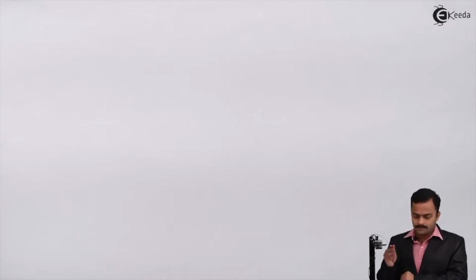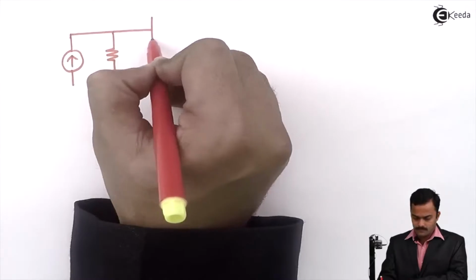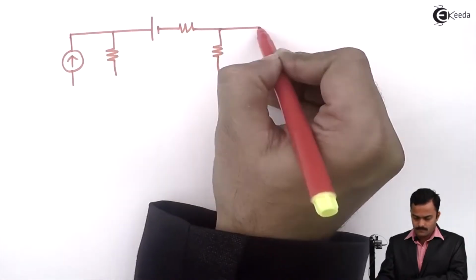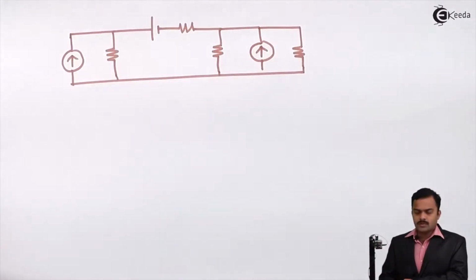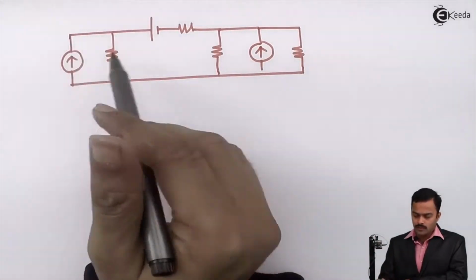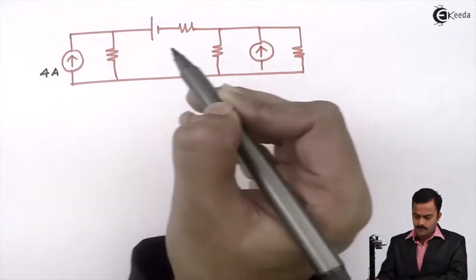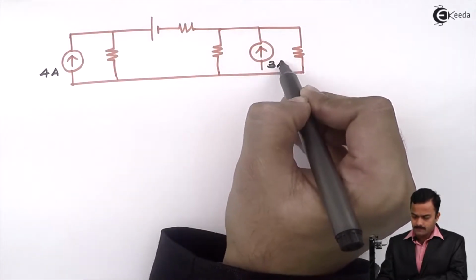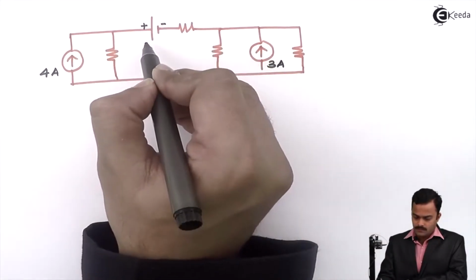In this video, we are going to apply the concept of the superposition theorem to a problem. So let's take a problem. In this problem, I have two current sources of 4 ampere and 3 ampere with a voltage source of 10 volt.